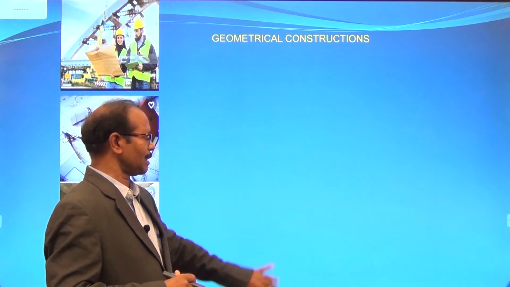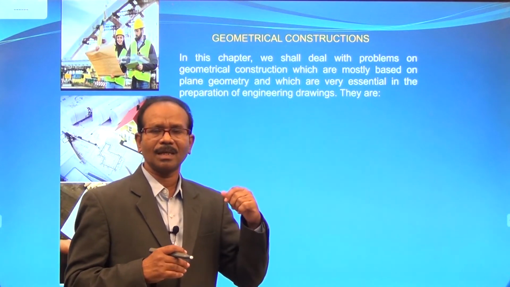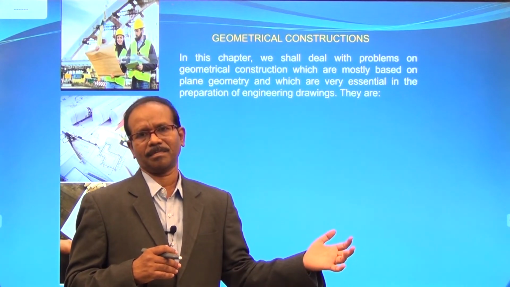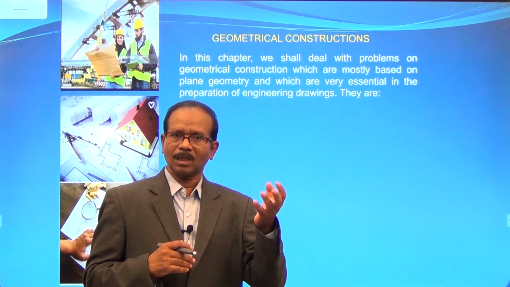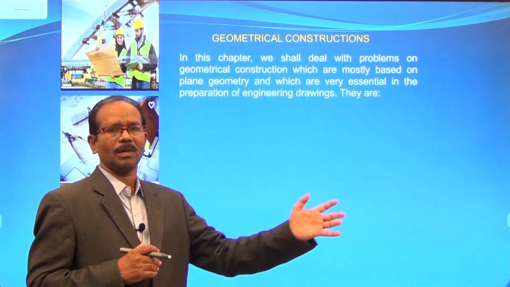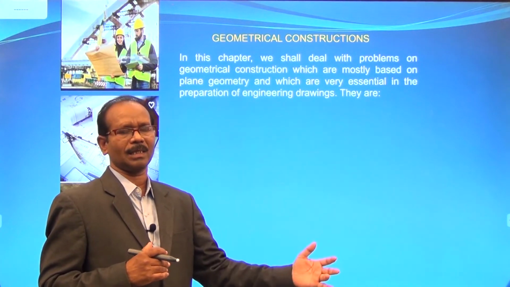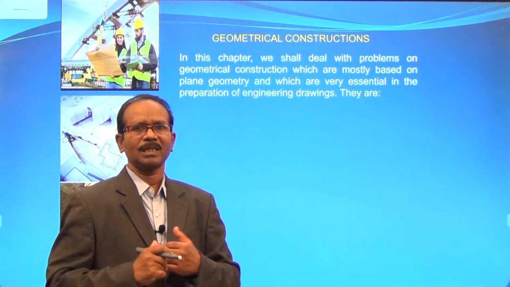These geometrical constructions are very essential in further classes. How to draw a polygon depends on the number of sides, and different methods are available. Now we are going to discuss what the geometrical constructions are and what type of problems we shall start with.